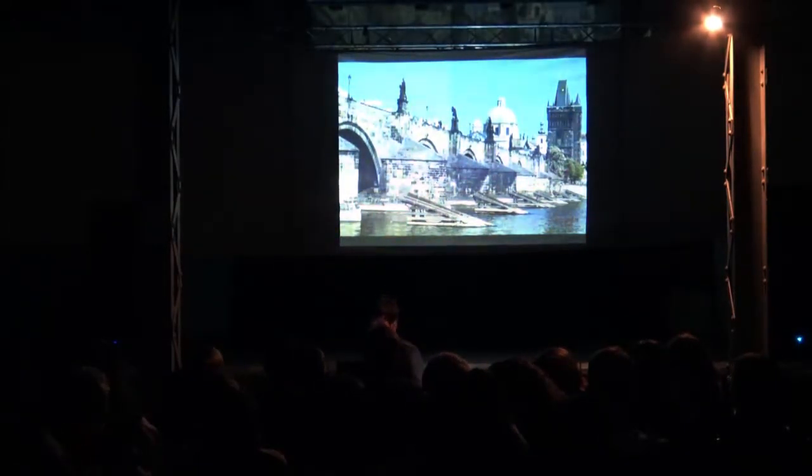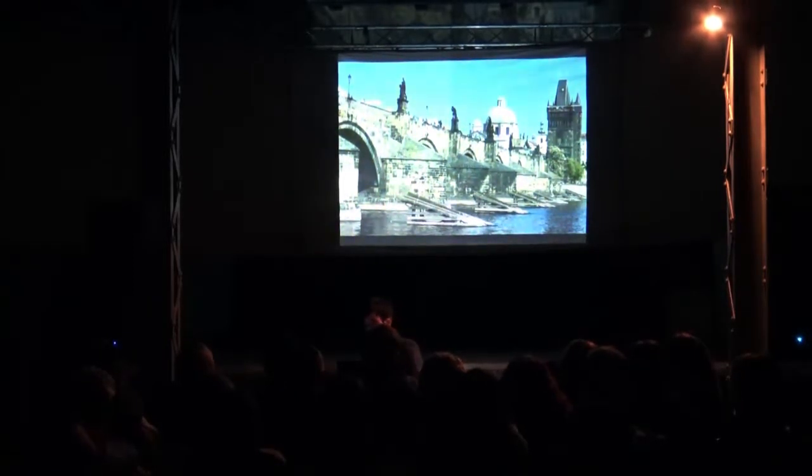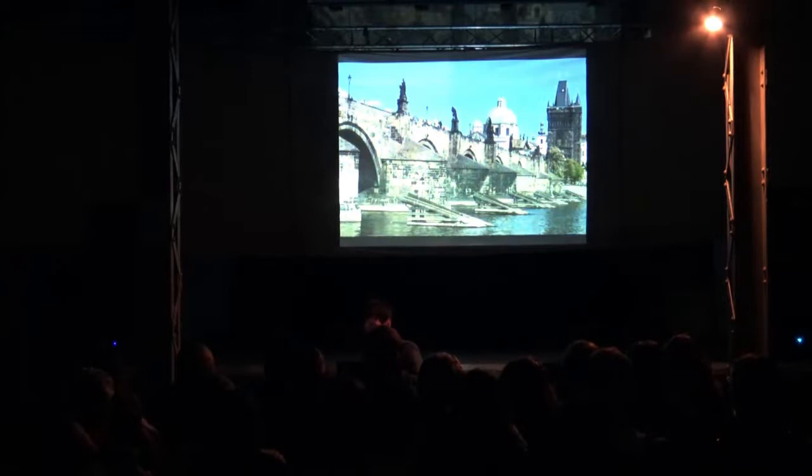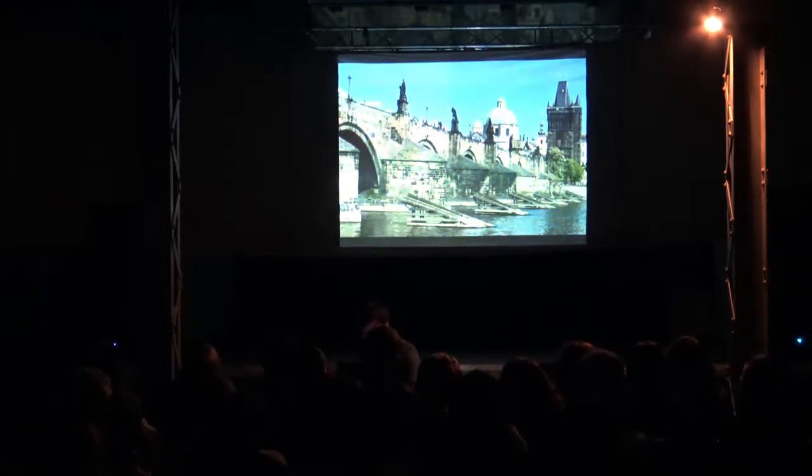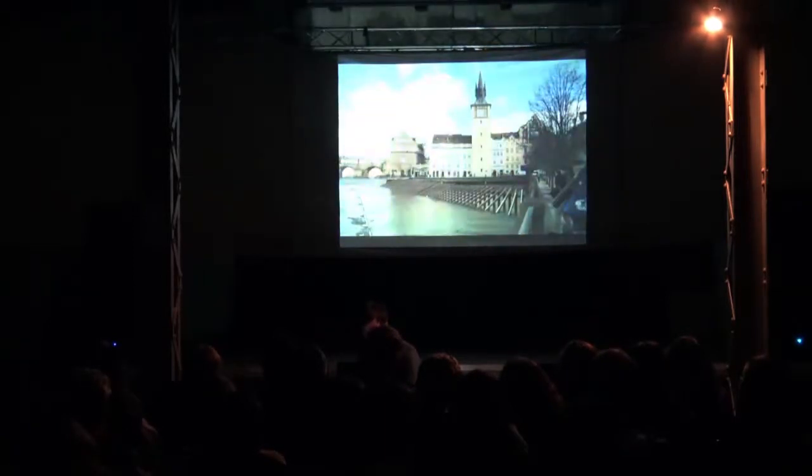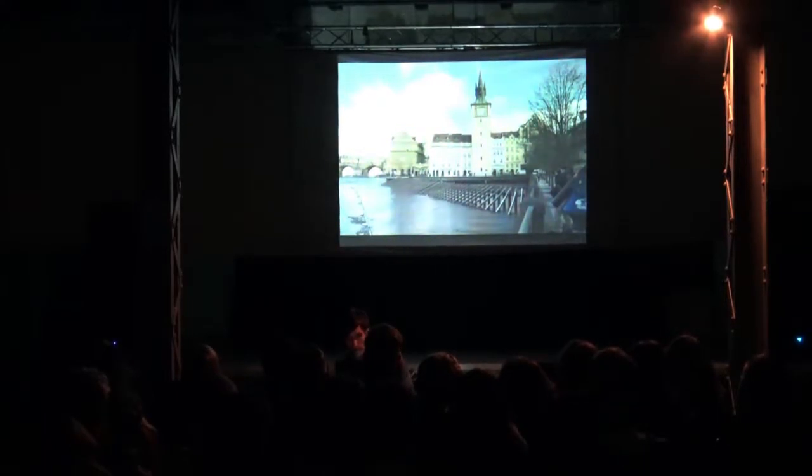Okay. The next project was also looking at existing strategies for preventing floods, or let's say the debris that accumulates during the floods and destroys other structures. If you look at the Charles Bridge, you see these wooden timber structures in front that prevent large garbage in the water from hitting the bridge. And a few meters next door, in the area called Karlovy Lazne, you have something similar happening in this structure.